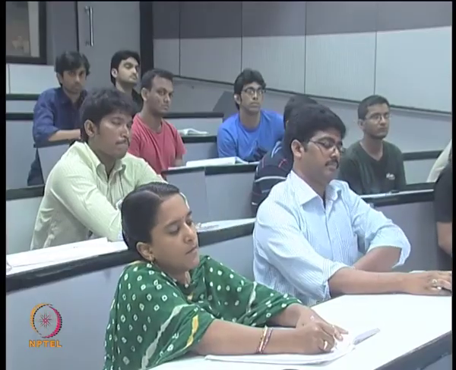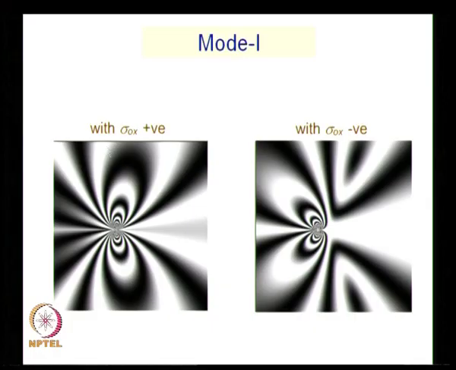Does the forward tilting of fringes indicate the crack advancing direction? See, the answer is no. I would show two situations. In the case of the SCN specimen, you find the fringes are forward tilted. I have a crack axis like this. This is actually the crack, and this is the place where the crack can advance. And if you look at the RDCB specimen, I have a crack here and the crack can advance in this direction.